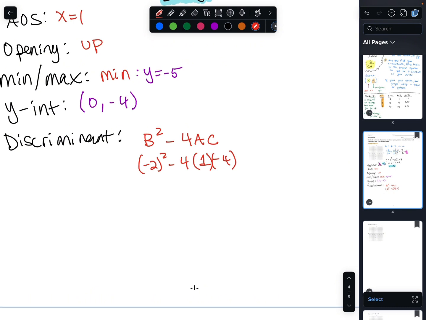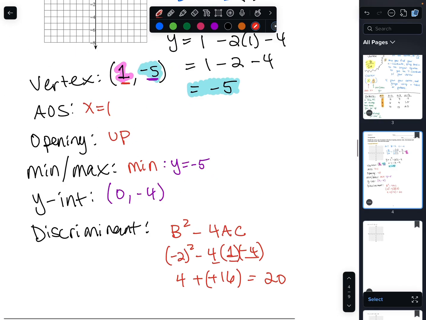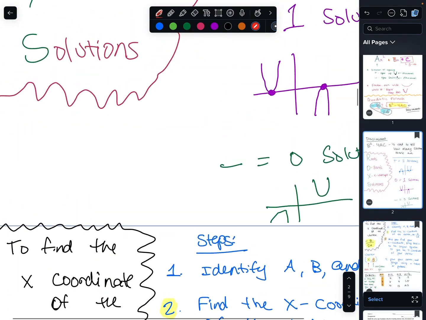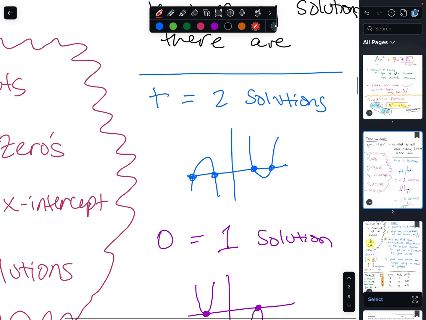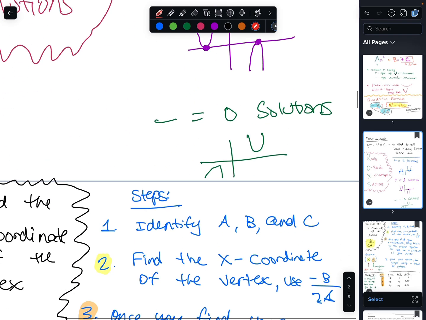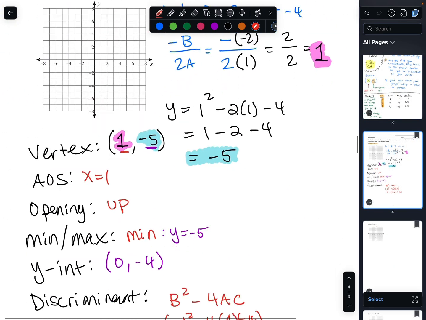Negative 2 times negative 2 is positive 4. Minus 4 times 1 is 4, times negative 4 is negative 16. And when you have these two next to each other, that ends up becoming a positive 20. Because our discriminant is positive 20, remember, anytime it's a positive discriminant, let's do a quick peek, that means it should cross our x-axis twice. So let's graph it and see what it looks like.